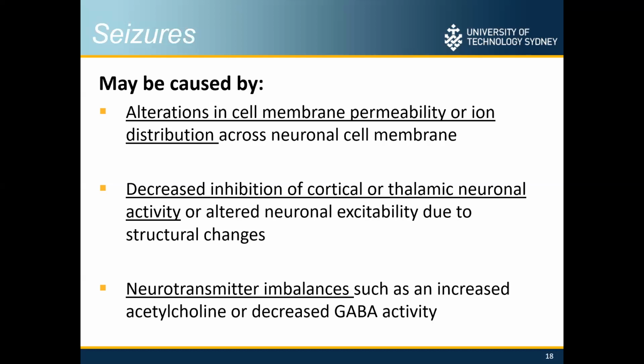So in this case, when you have an increase in acetylcholine, which is released from excitatory neurons, it would be associated with more seizures as opposed to having an increase in GABA activity, which allows your brain to actually balance the discharge and the inhibition of these excitatory neurons.